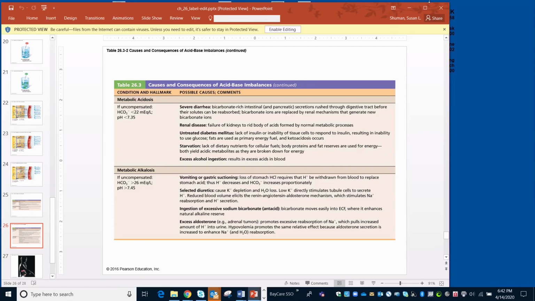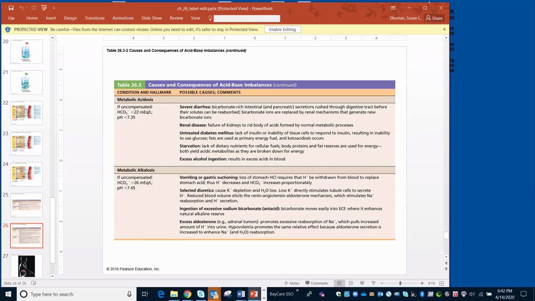If you are in respiratory acidosis, so you've got too much carbon dioxide and your pH is down, I'm expecting that my kidneys are going to start raising my bicarb. Would you agree?